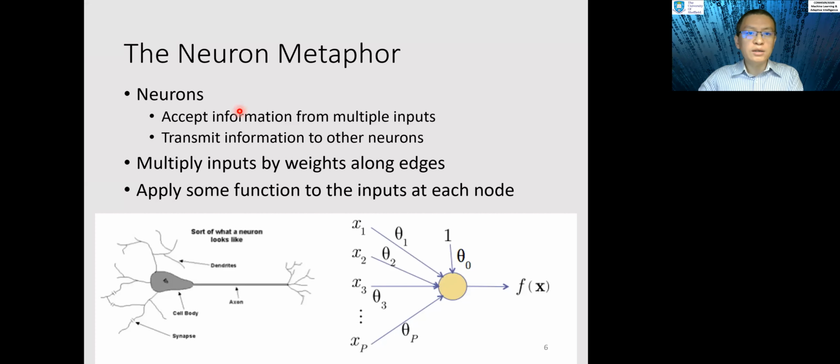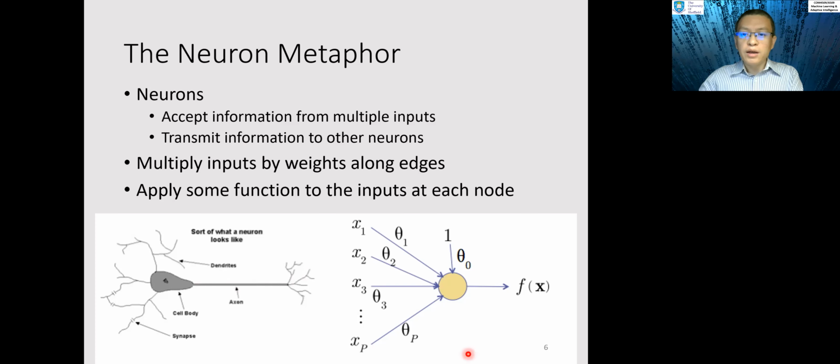So what is a neuron? A neuron accepts information from multiple inputs, and here is a neuron. From multiple inputs, it accepts the information, and then it will transmit information to other neurons. So this is a transmission of information to other neurons.